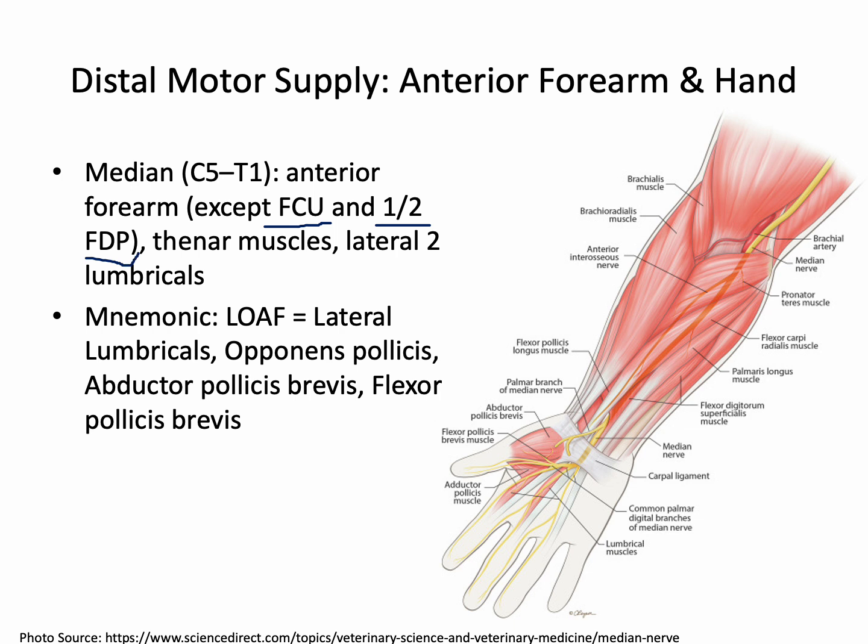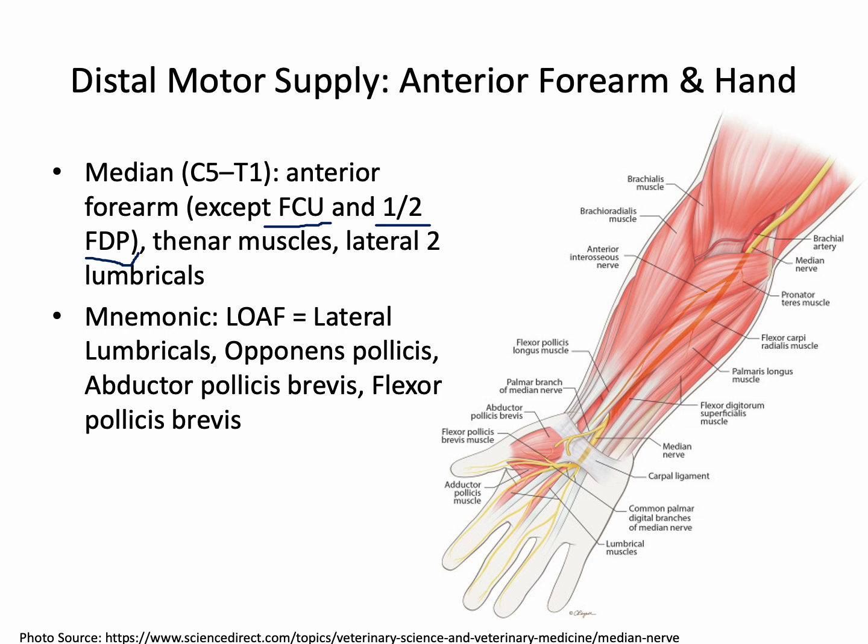FDP is flexor digitorum profundus. So flexor carpi ulnaris is innervated by the ulnar nerve. The median nerve does provide innervation to the flexor digitorum profundus, but only to half of the muscle. And the second half is innervated by the ulnar nerve.